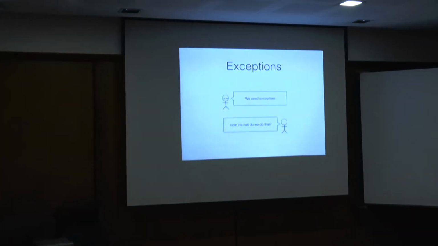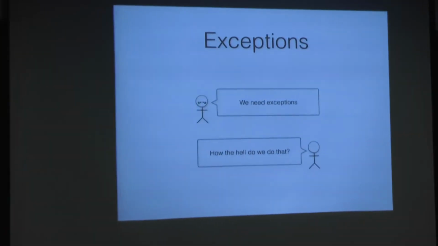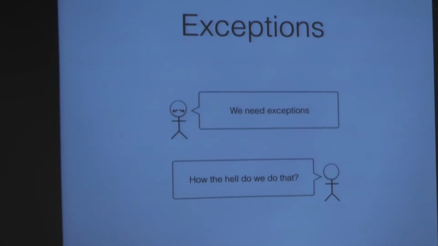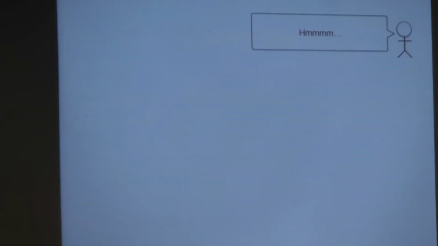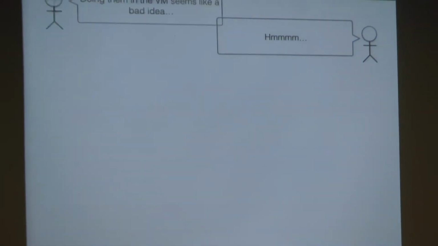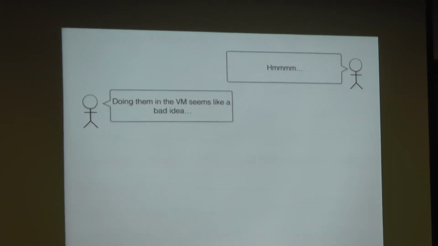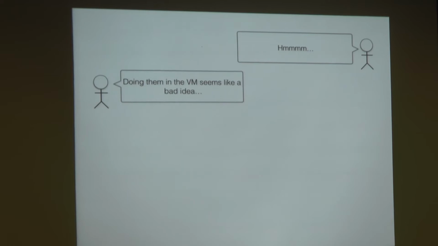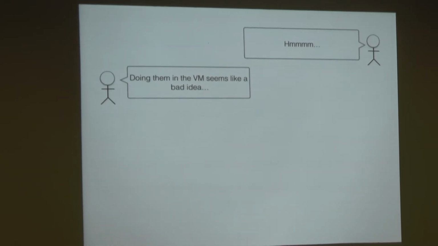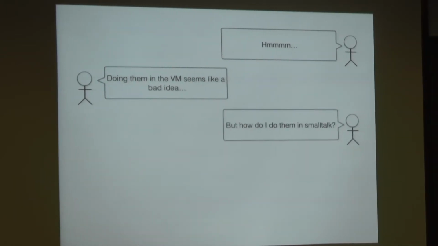And so John's like, we need exceptions. I'm like, I have no idea how to do that, but let's try. So I start thinking, and I'm like, doing them in the VM seems like a bad idea, because doing ensure and if curtailed in the VM got really messy. So how do I do it in Smalltalk and have it work?